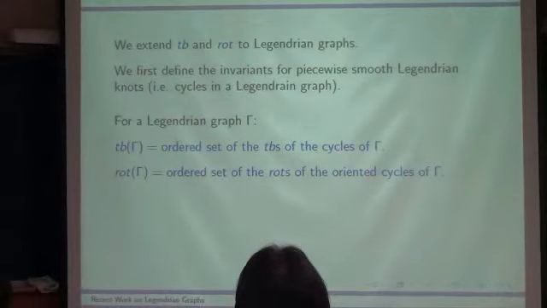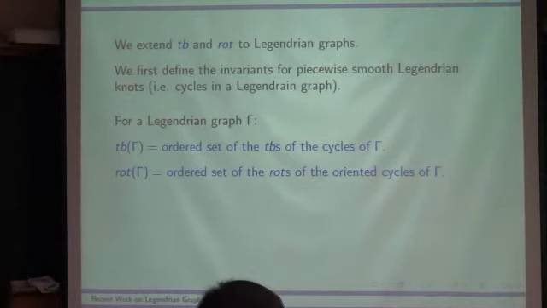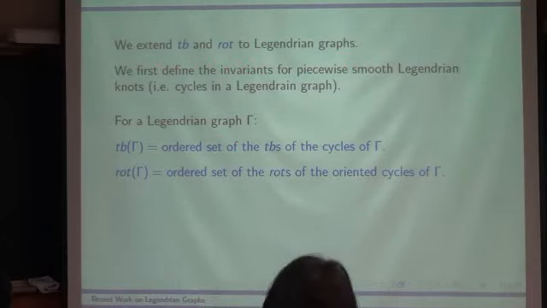Okay. So then we extended the Thurston-Bennequin number and rotation number to Legendrian graphs. One of the important things to notice is that if you look at the cycles in the graph, they aren't going to be smooth like a Legendrian knot.